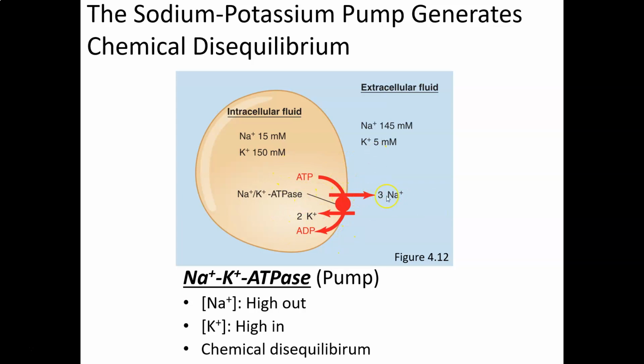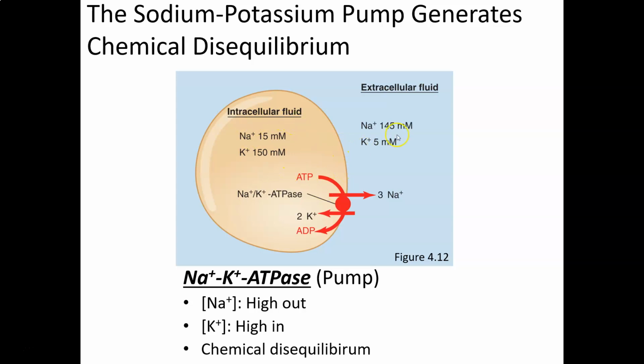What it does is pump 3 sodium out for 2 potassium in. One consequence is, as we move 3 positive charges out of the cell and only 2 positive charges in, the cell becomes more electrically negative. Very similar to your checking account: if you spent $3 for every $2 you made, you would be in a negative situation. You wouldn't have any money, you would owe money.